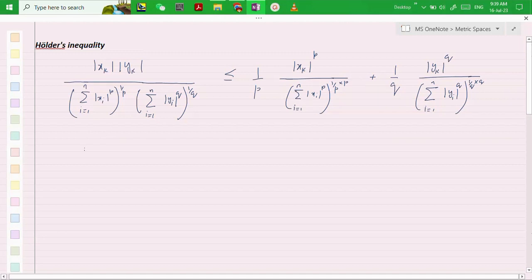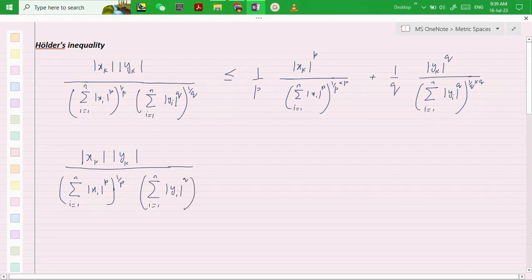So we have mod of xk into mod of yk divided by summation i from 1 to n mod of xi power p whole power 1 by p, times summation i from 1 to n mod of yi power q whole power 1 by q, less than or equal to 1 by p plus 1 by q. For each k we have this one.